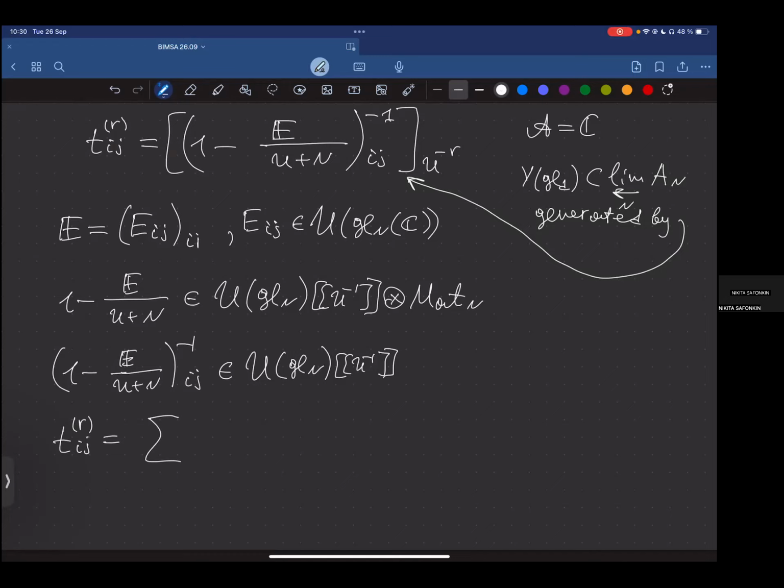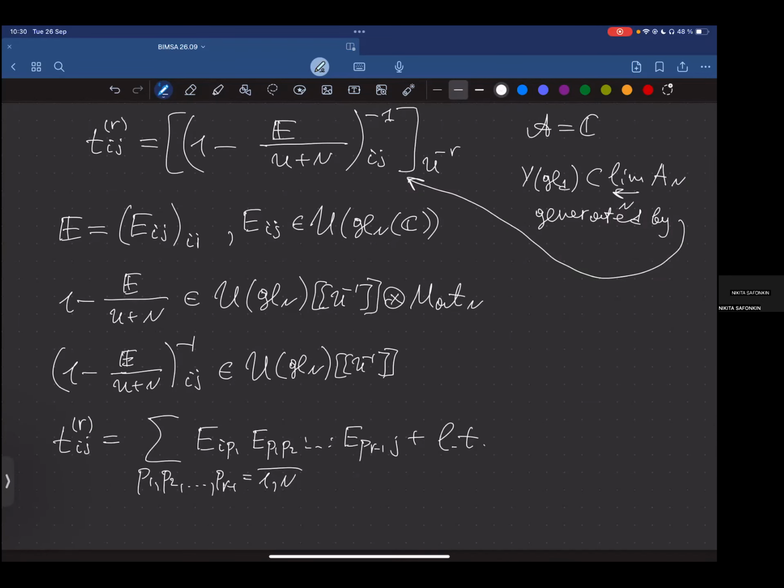Oh, I'm sorry. Now I'm going to write down one more pretty big formula. And here we take the sum over all pi's, which range from 1 to n, and plus some lower terms.